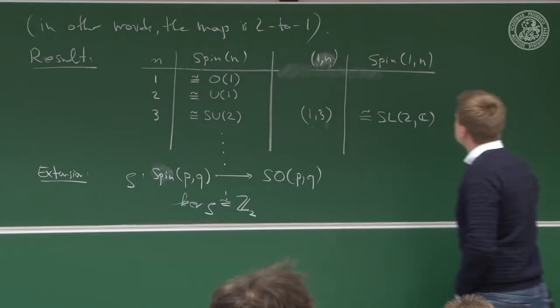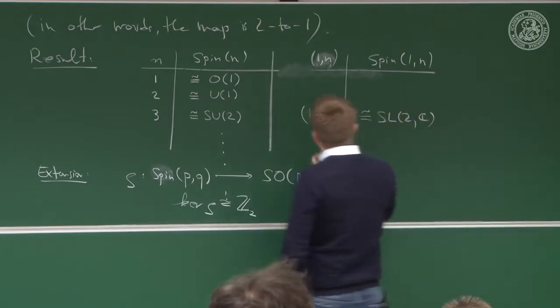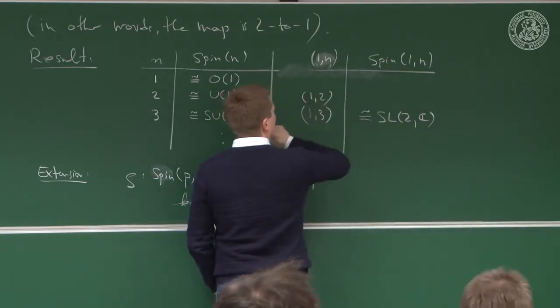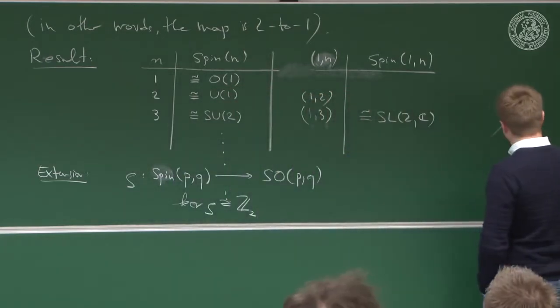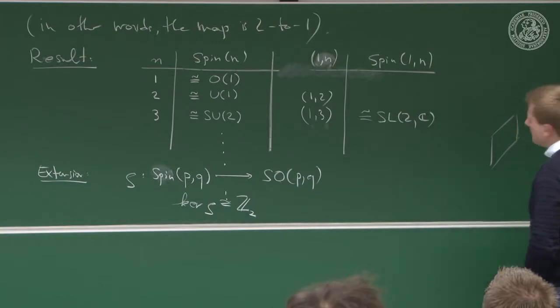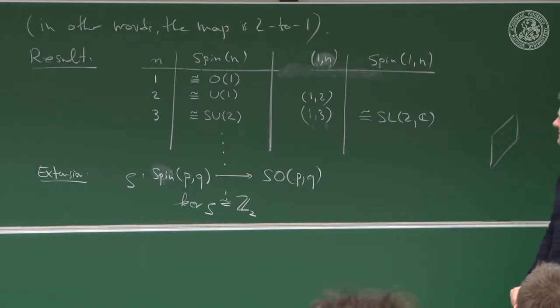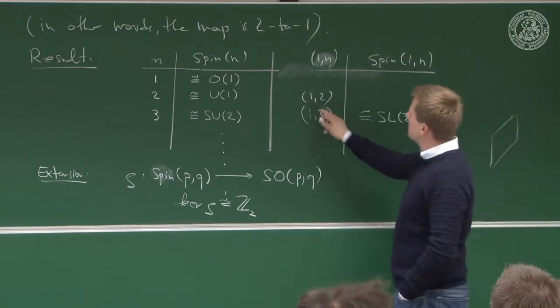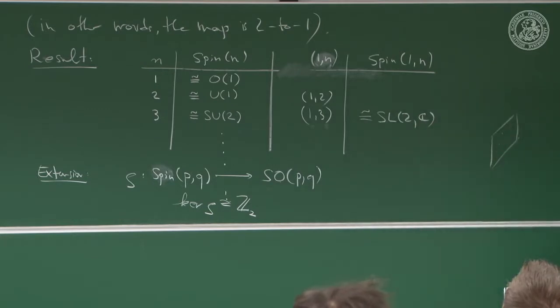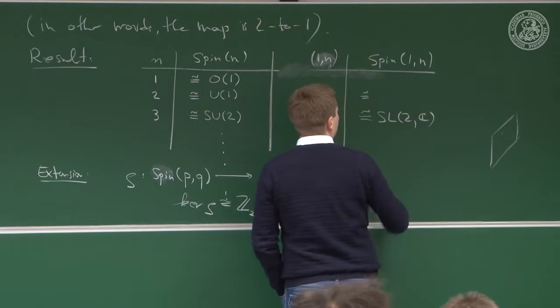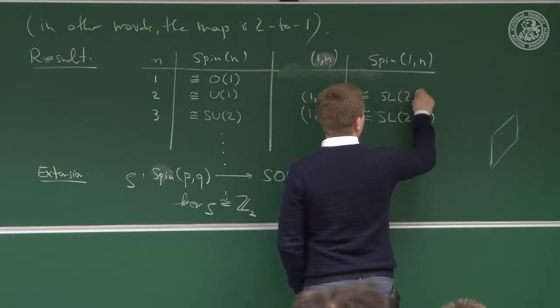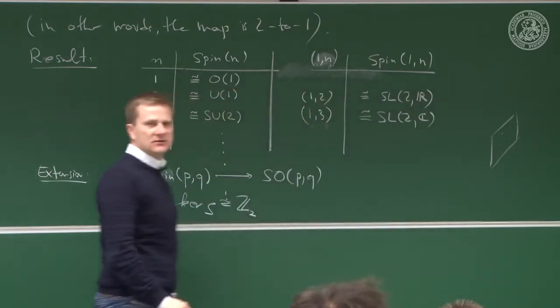So don't be puzzled. Then it's maybe interesting to look at 1 and 2. That's like you take a thin film or something and you look at electrons in there. Well, if the electrons are effectively constrained to this thin film, you of course have the Lorentz group SO1, 2, and there the spin group is given by SL2, R. It just so happens.